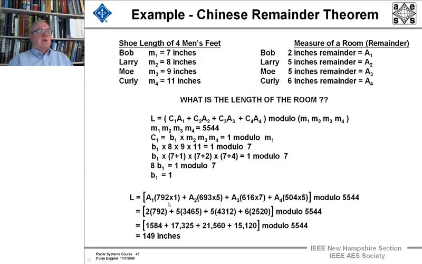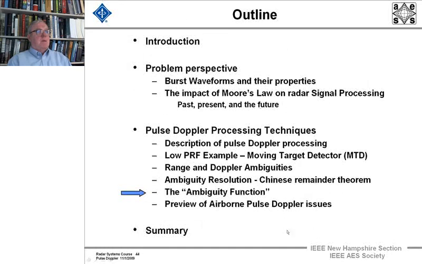But anyway, calculate the numbers and see what you come out with. But go through this arithmetic yourself as a problem if you want to learn how people unravel PRFs. And at ambiguous medium PRFs, this is what's programmed into the computer, and it's something that you can easily program. Okay, and now on to the ambiguity function.